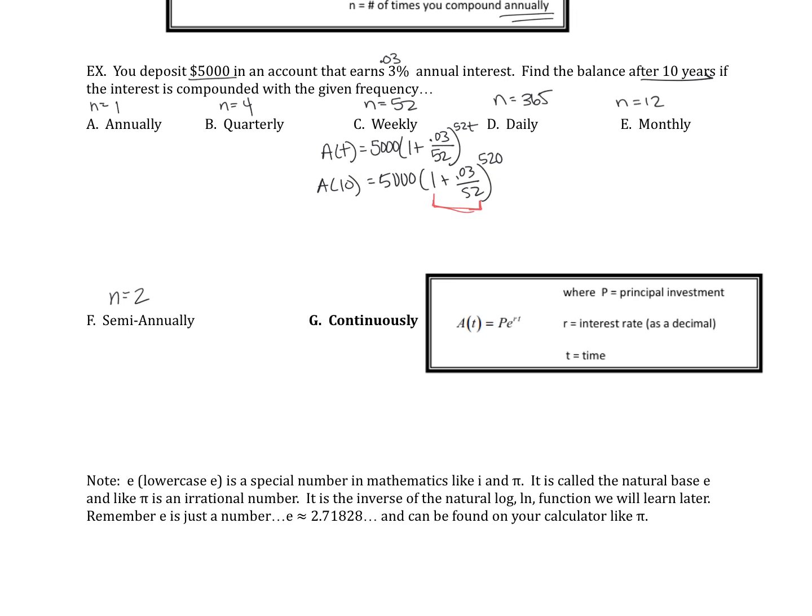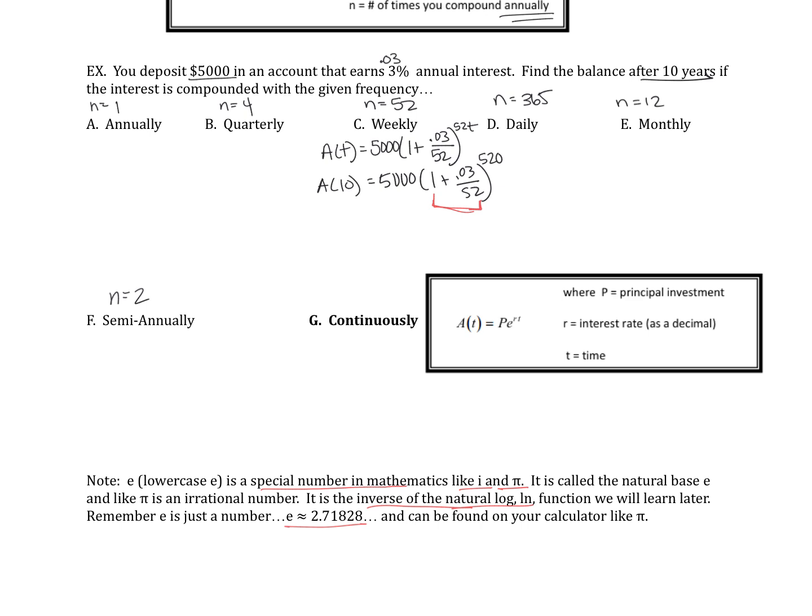Just like pi, it's not a variable, but like pi has an actual value, so does e. E has this value that's actually in your calculator. And we're going to learn in the second set of notes in part 2 that it's the inverse of natural log. That's how we can solve e equations.